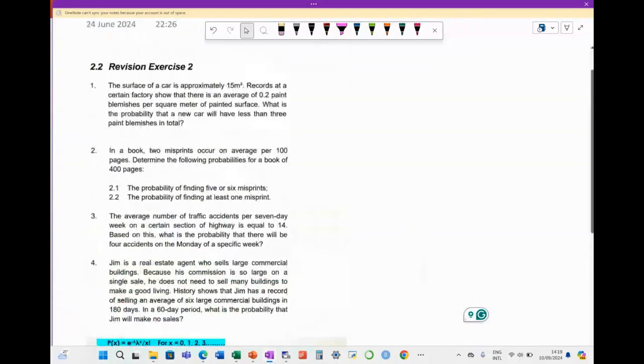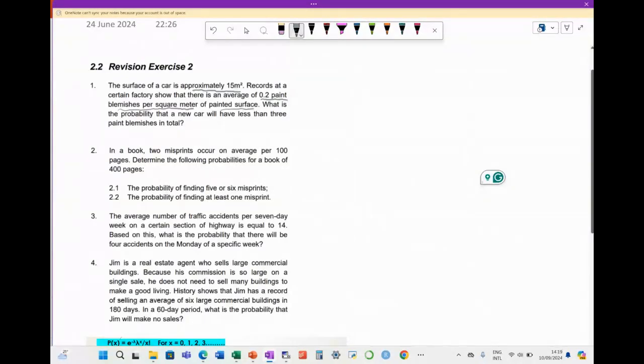So let's first read the question. Firstly, they say the surface of a car is approximately 15 meters squared. Records at a certain factory show that there is an average of 0.2 paint blemishes per square meter of painted surface.